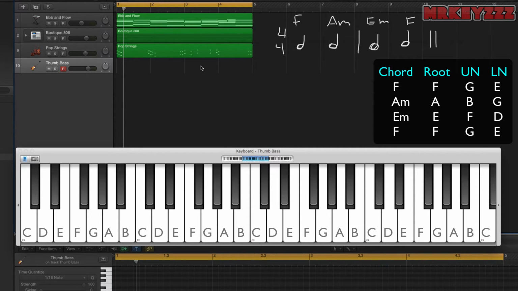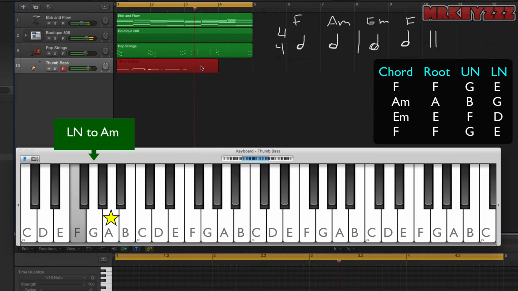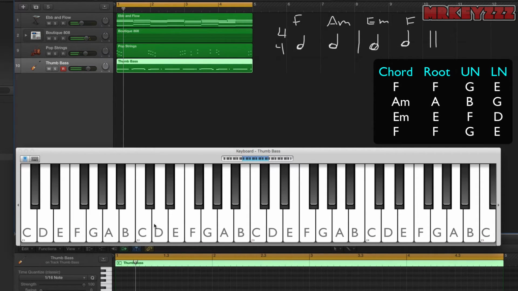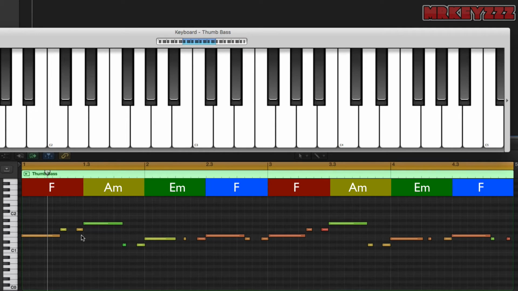Let's do double lower neighbors this time. Take a look at the rhythm that I used for the lower neighbors. They take up 3/4 of a beat. Here's where the next beat starts. So they start after the first quarter of beat 2, and they kind of go down like that every single time. It's an interesting pattern.